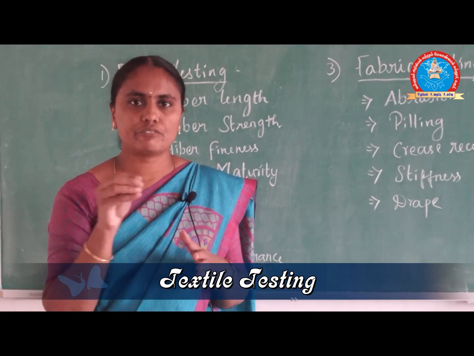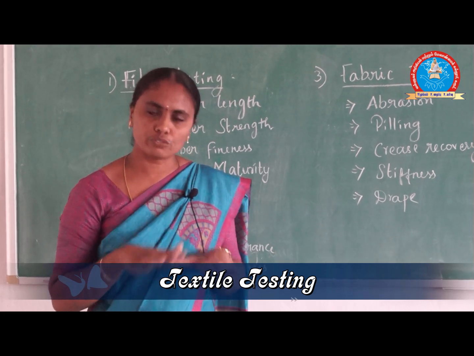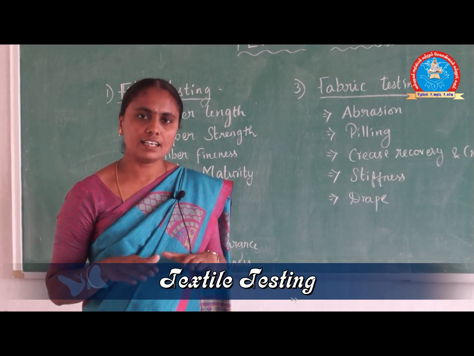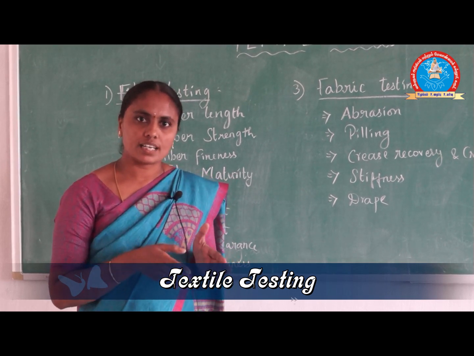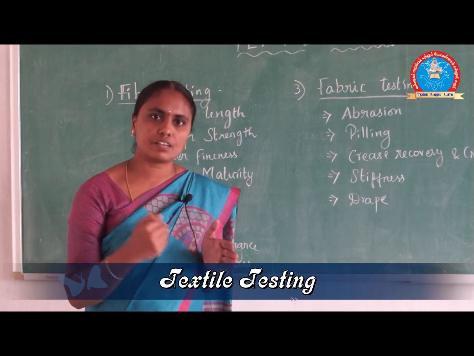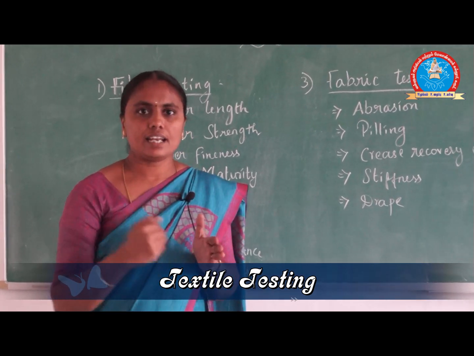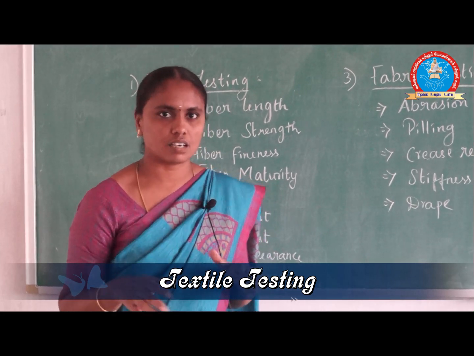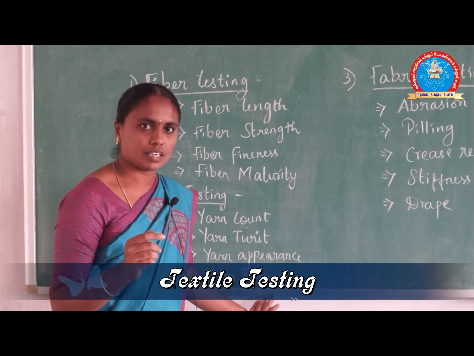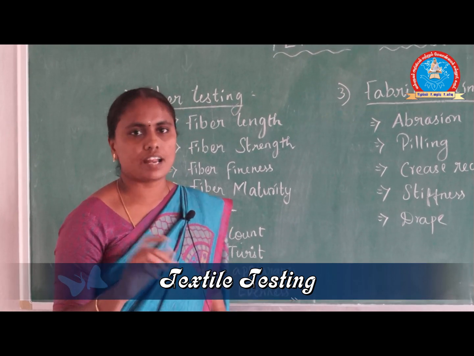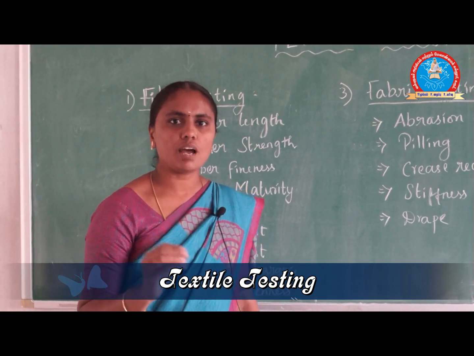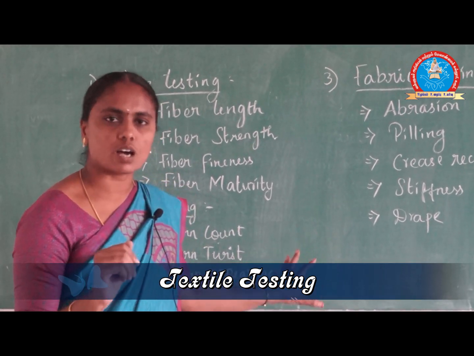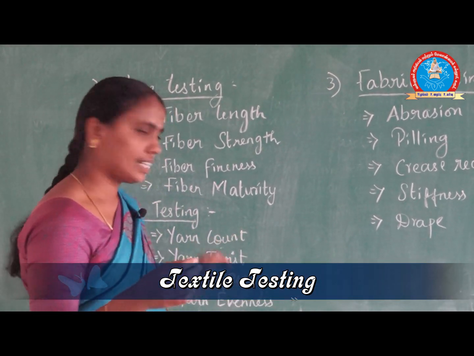For example, if yarns have no nibs, no foreign matter, no dust particles, the grade of the yarn is A. If it differs slightly from grade A, it is named grade B. Like that, yarn appearance is graded. And then yarn evenness. The Uster evenness tester is used to determine the yarn evenness. So these instruments and tests all come under yarn testing.